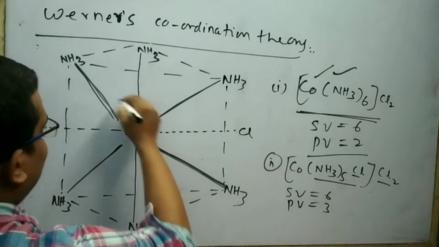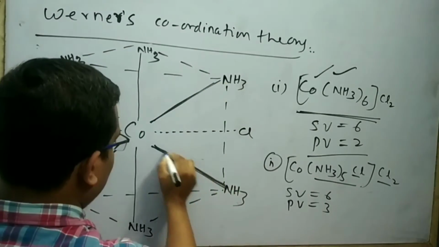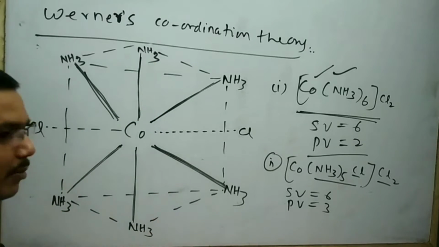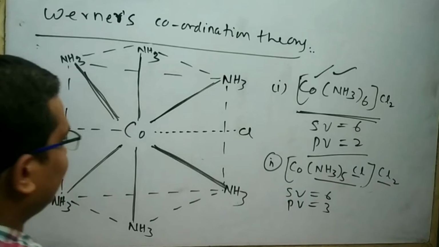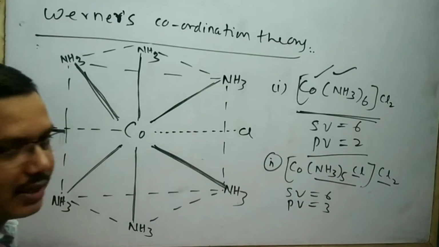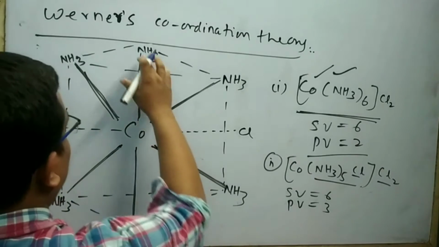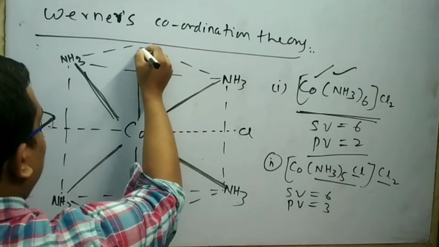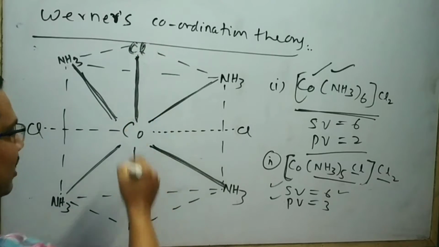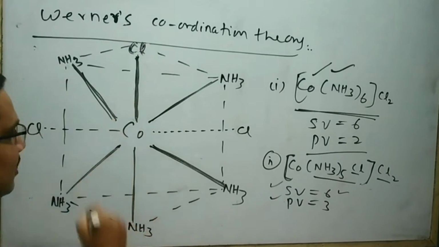Here 6 secondary valencies are drawn like this, but 5 NH3 are attached to 5 secondary valencies, and the remaining secondary valency is attached to chlorine. The chlorine atom is attached to the central metal atom or ion like this.